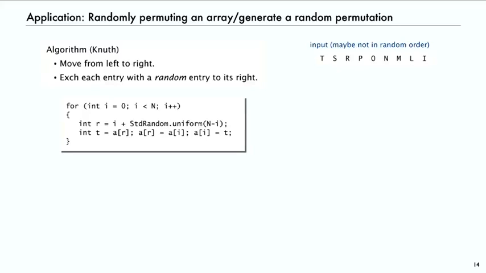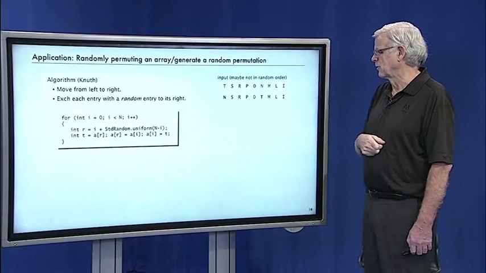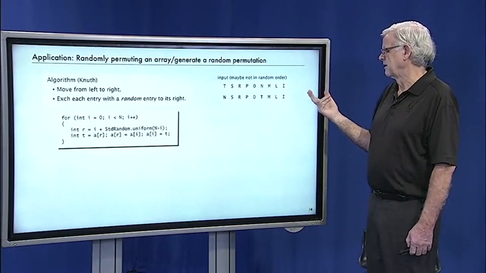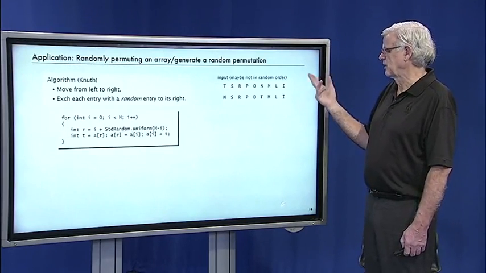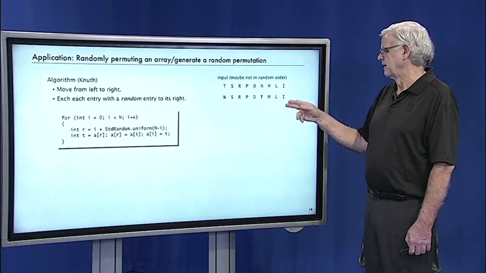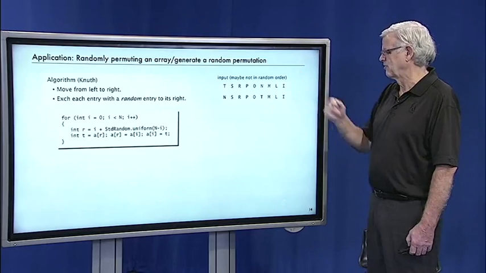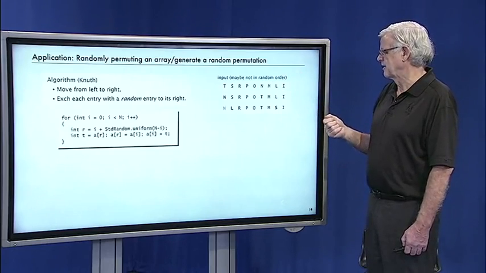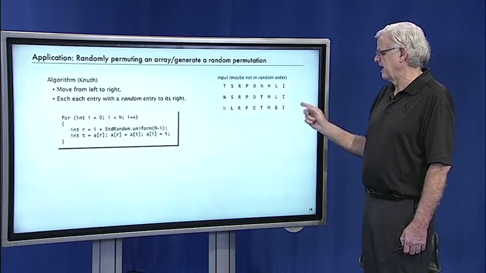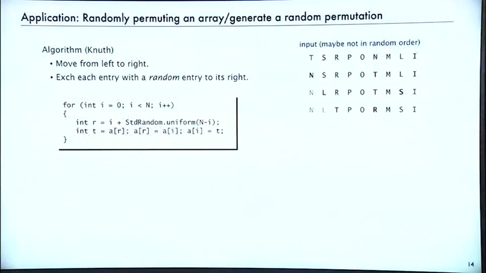So again, if we start with this input, maybe that's in reverse order, and the first case generates an index that points to n and exchange t and n. And next time we're going to exchange s with l, and then t with r, and then r with p, and so forth.